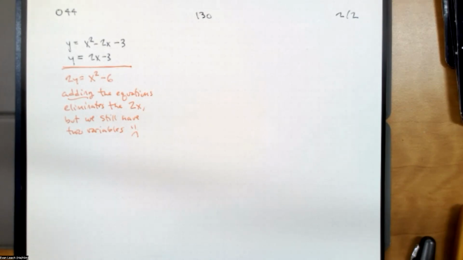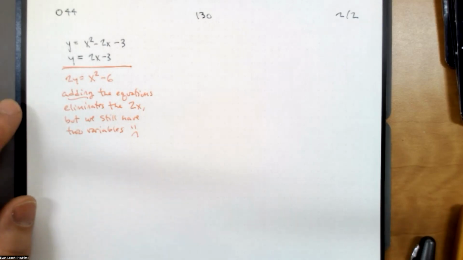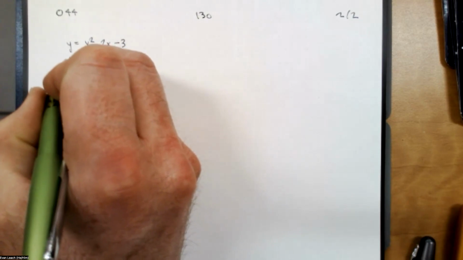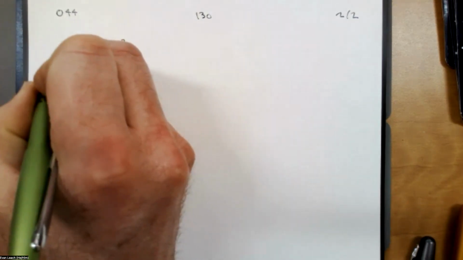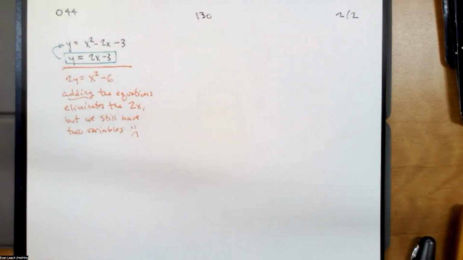The advantage that we have here is that the first equation says y is x squared minus 2x minus 3, and the second equation says y is equal to 2x minus 3. So both of those things are equal to y. So here, our strategy could be to take the second equation and plug it into the first equation.